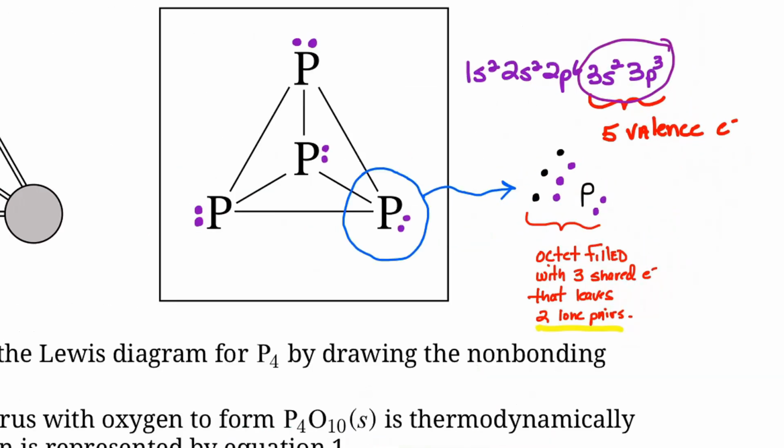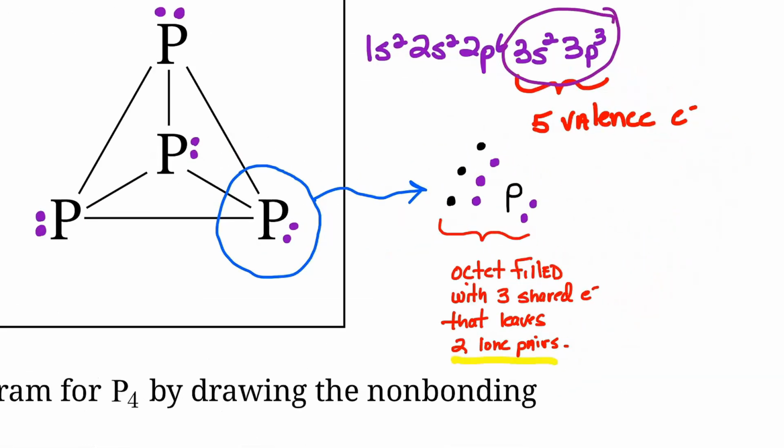If we get up close and personal here, we understand with those 5 valence electrons that we need to share 3 more and make 3 bonds to complete the octet.